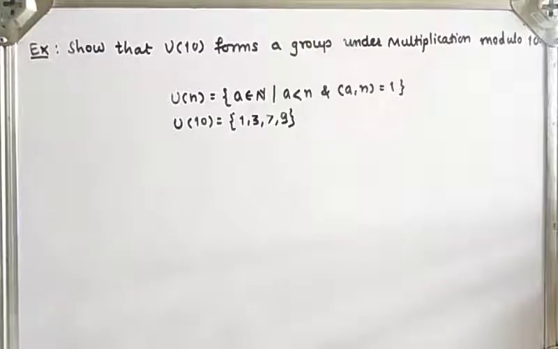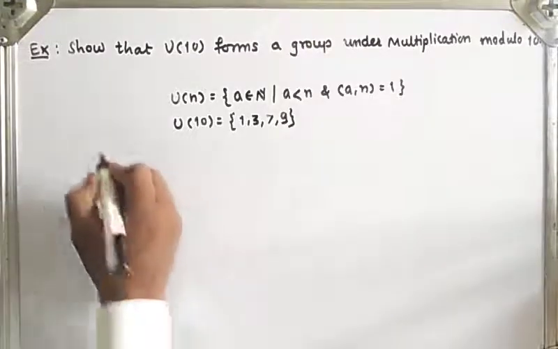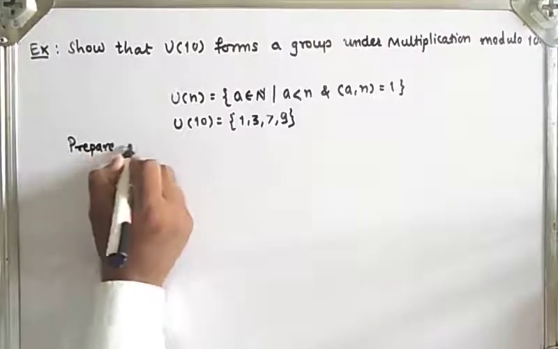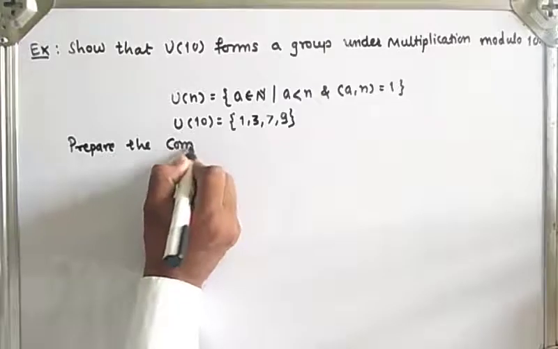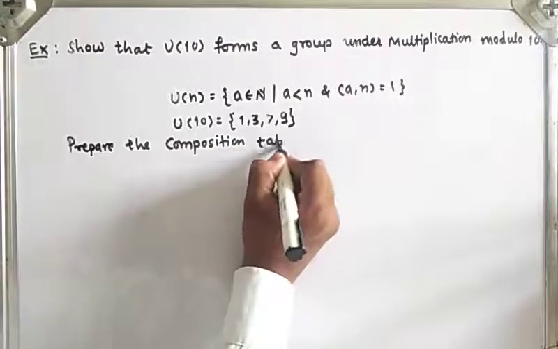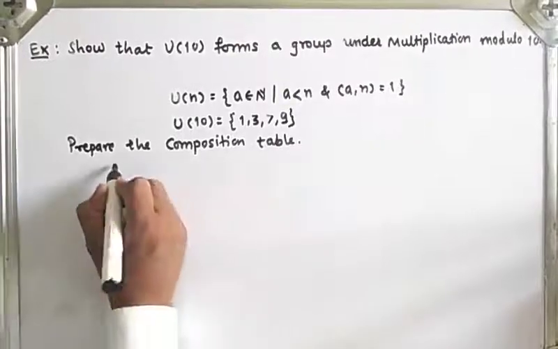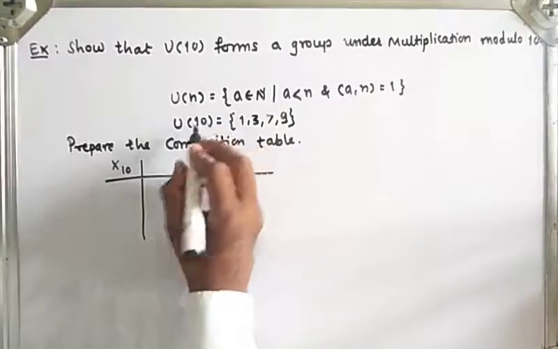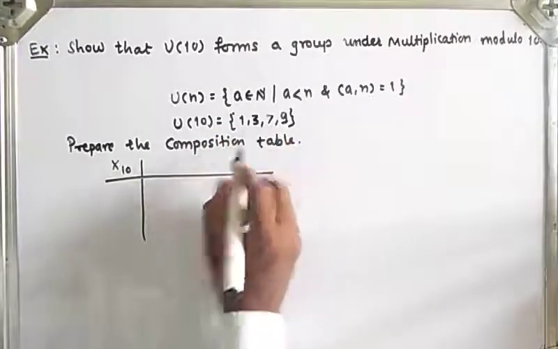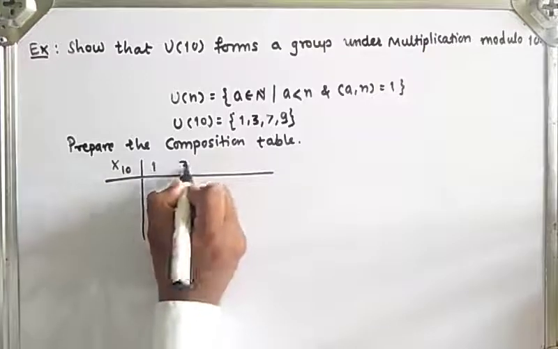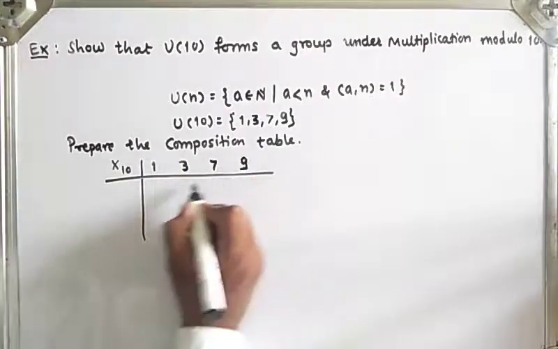Now let's prepare the composition table under multiplication modulo 10. So here is the multiplication modulo 10 operation. Total U of 10 has 4 elements, which are 1, 3, 7, 9.